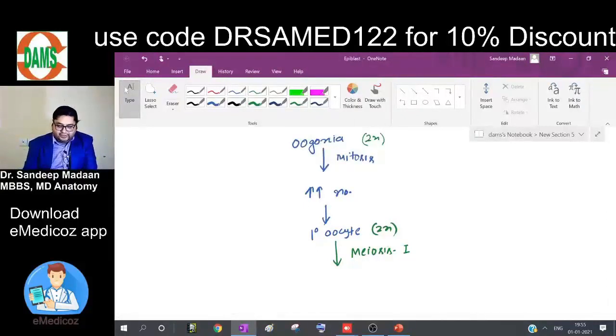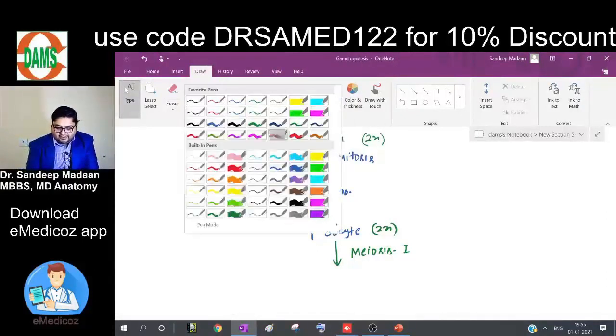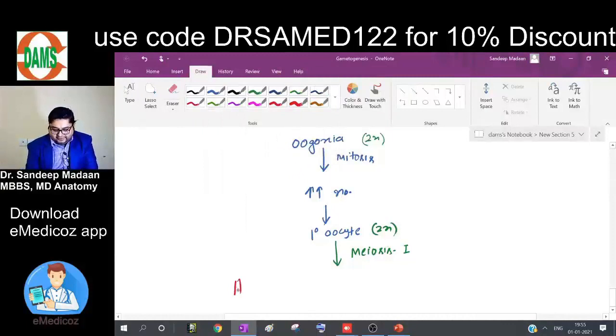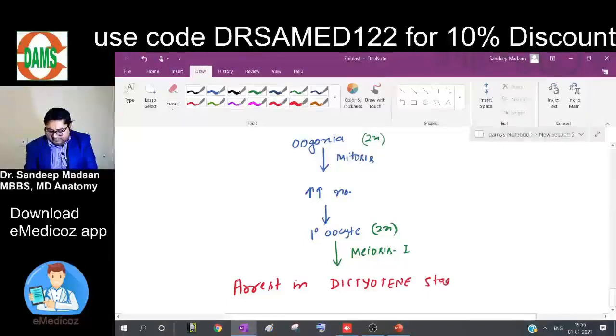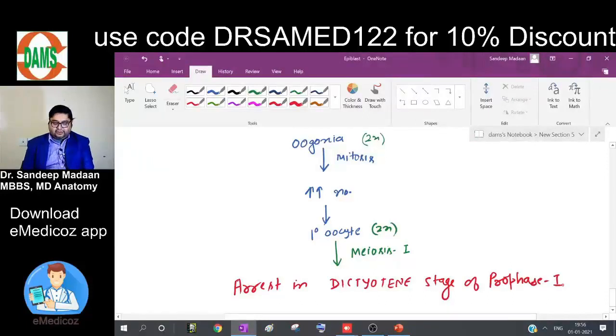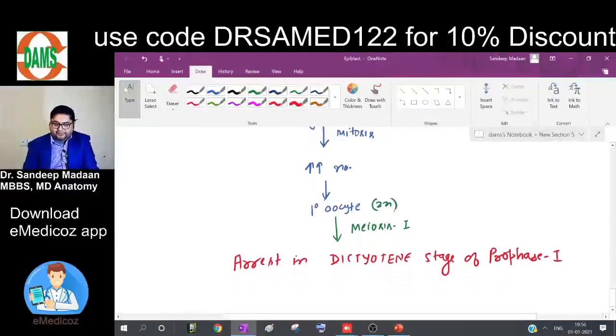There is an arrest here, in dictyotene stage of prophase 1. Okay, there is arrest in dictyotene stage of prophase 1.